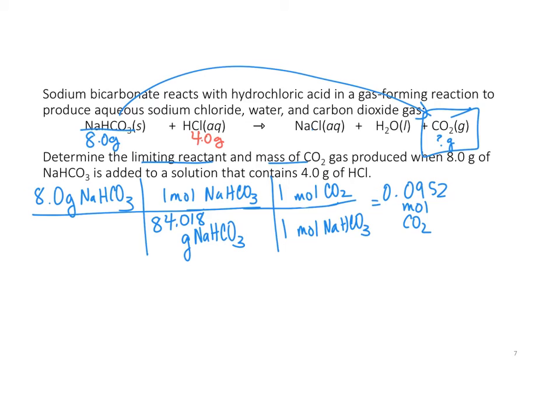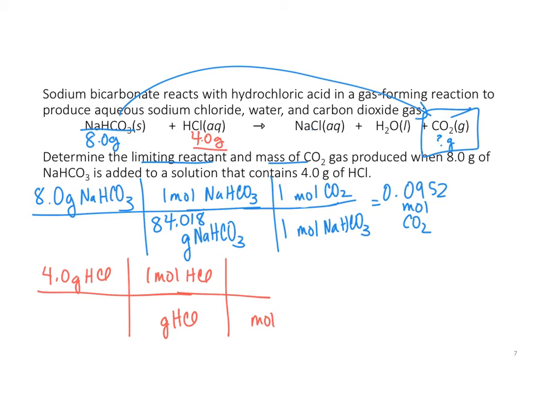All right, now let's go to HCl, 4.0 grams of HCl. We go from grams of HCl to mole of HCl. And then we're going to go from mole of HCl to mole of CO2.